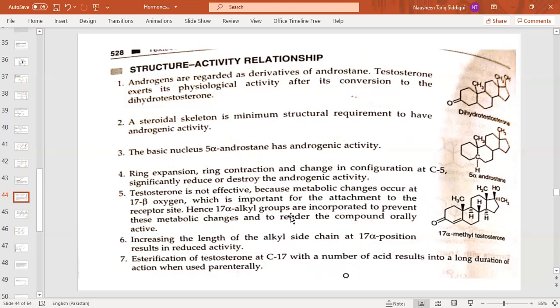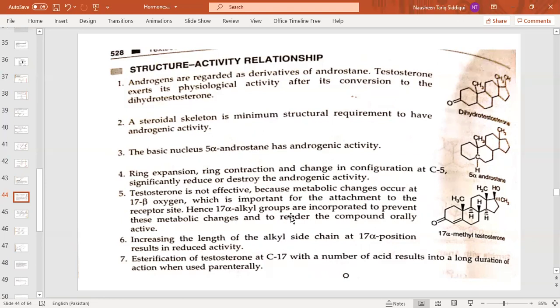A steroidal skeleton is minimum structural requirement to have androgenic activity. The basic nucleus 5-alpha androstane has an androgenic activity, while ring expansion, ring contraction, and changes in configuration at C5 significantly reduce or destroy the androgenic activity.